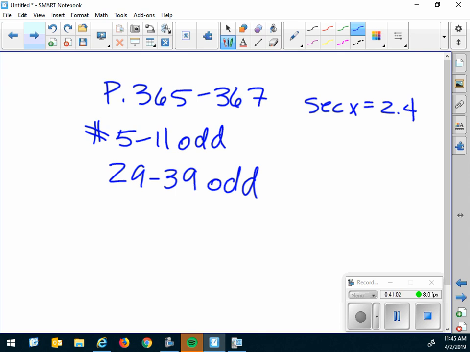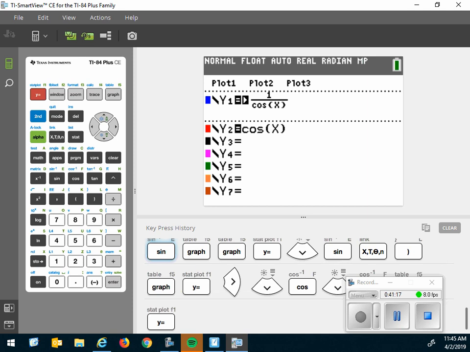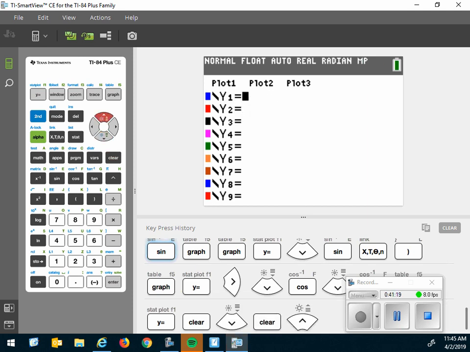It says 0 less than or equal to x less than or equal to pi over 2. Quadrant 1. Now, go back to your calculator. We got a couple ways we could do this one. We know the secant of x is, what did it say, 2.4?